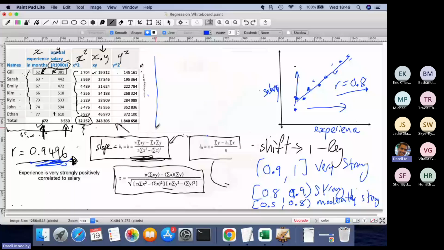So let's say we can talk about fitness versus the amount of exercise.